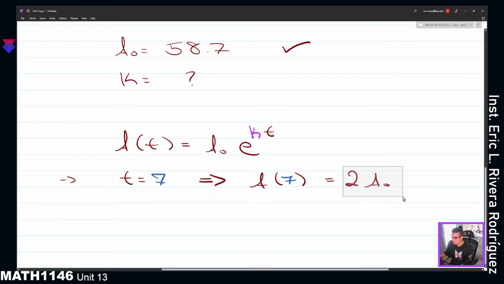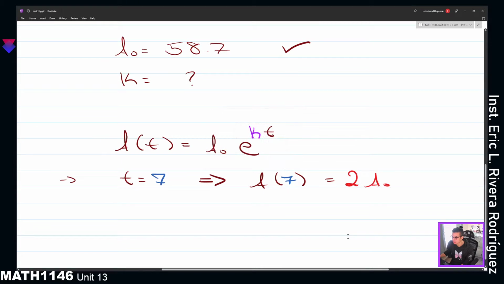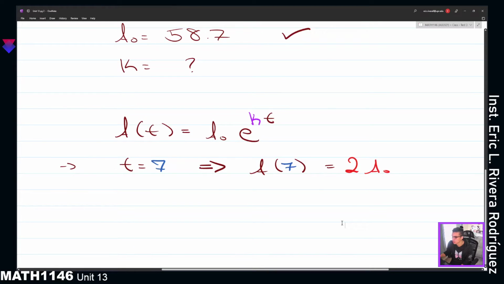How are we going to use this information? Let's substitute what we have. Okay, so if we take this and we substitute T for 7, t now will be 7.